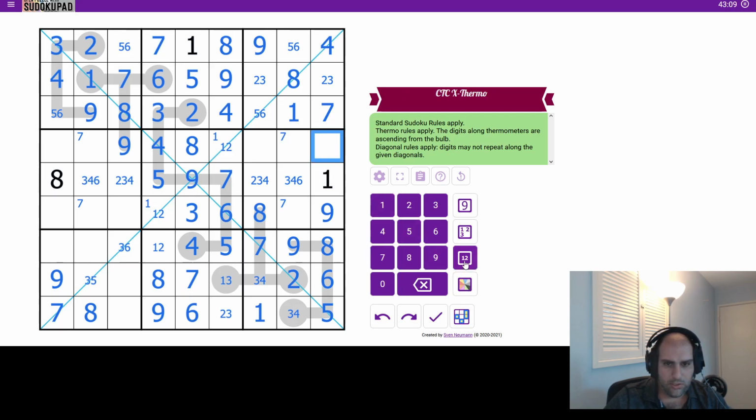Almost done. This is a 2, 3. Now what? This digit's the same as this digit? Yes. So we can't tell. 2, 3, 4 triple makes this a 5, 6.